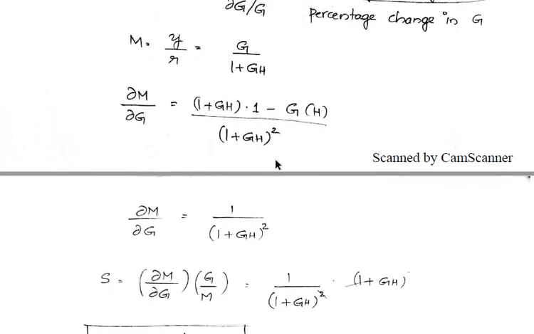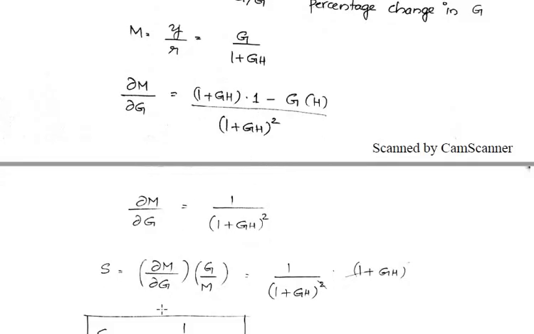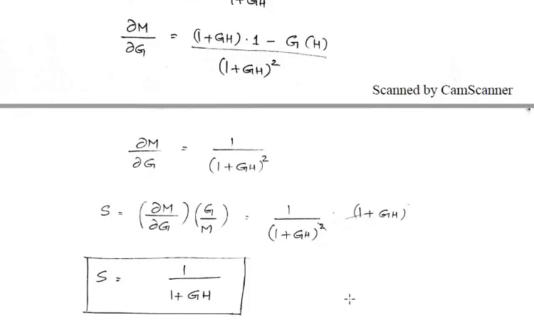The sensitivity is equal to ∂M by ∂G into G by M. So we have already calculated ∂M by ∂G, which is 1 by 1 plus GH whole square, into G by M. So just now we have seen that G by M is equal to 1 plus GH. So 1 plus GH will get cancelled, and what is remaining will be S, the sensitivity, equal to 1 by 1 plus GH. Okay. So that is the sensitivity with feedback.